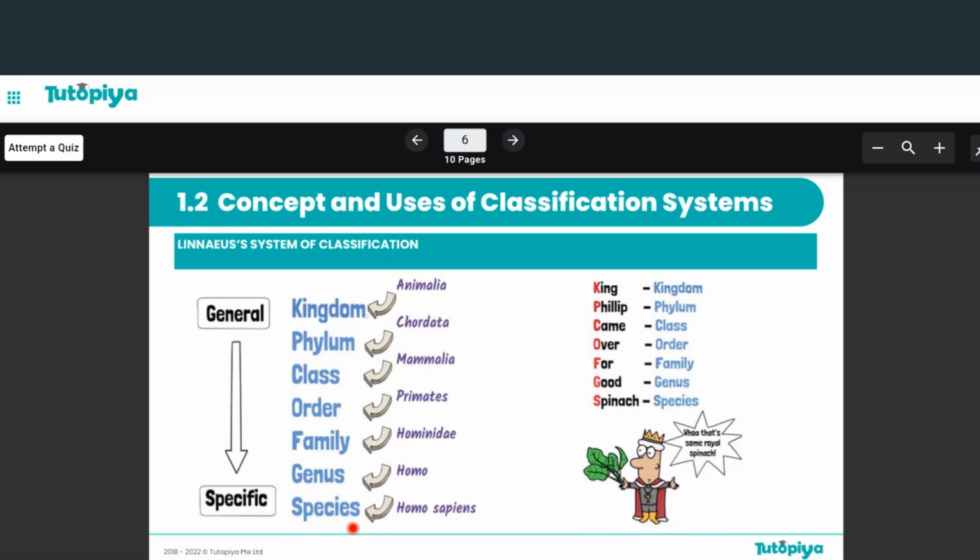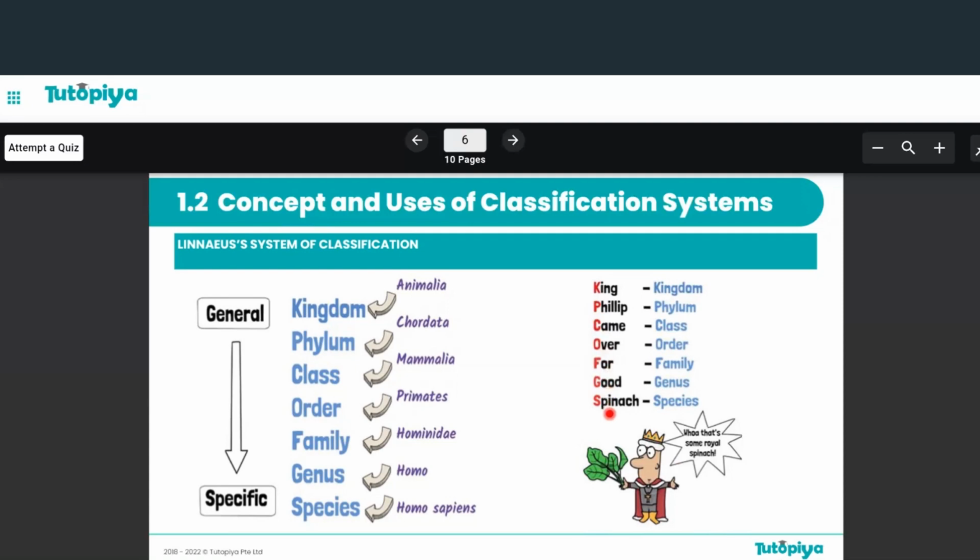So this is the order that we refer to as the Linnaean system of classification. It goes like this: kingdom, phylum, class, order, family, genus, and species. It's important for you as a student to remember this hierarchy, to remember this order. So here's a little tip for you to remember this order. You can remember this phrase: King Philip came over for good spinach.